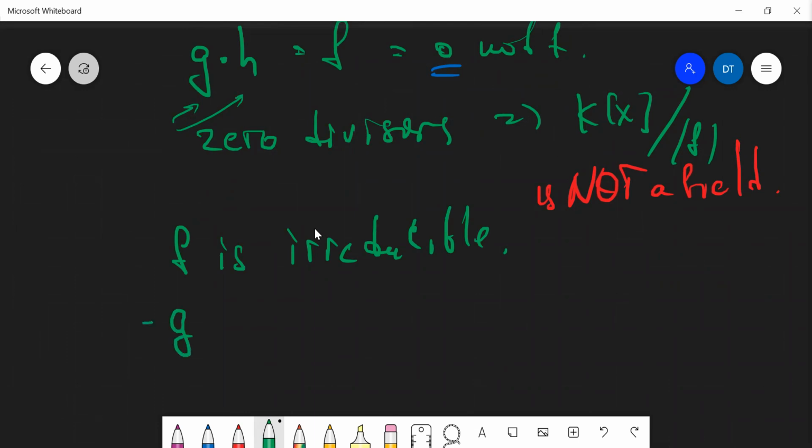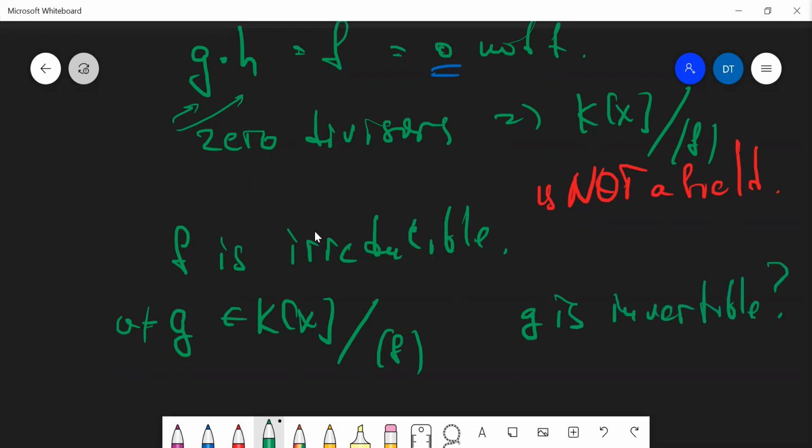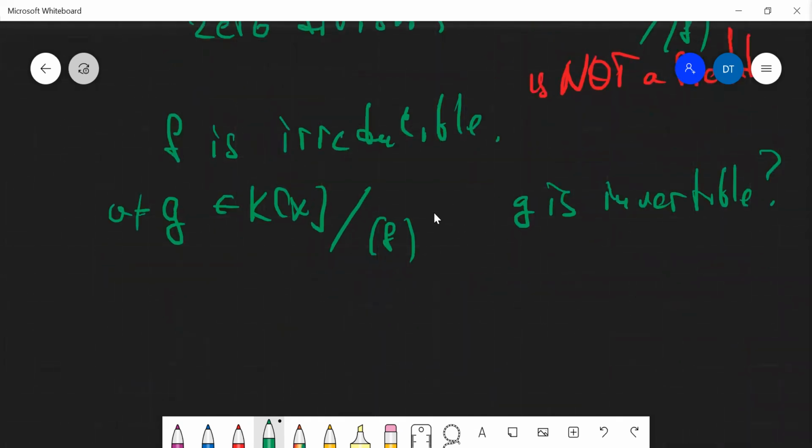So we need to take a non-zero element g from K[x] modulo f, and we need to show that g is invertible. How do we do that? Well, by definition, the degree of g is strictly smaller than the degree of f, and f is irreducible.